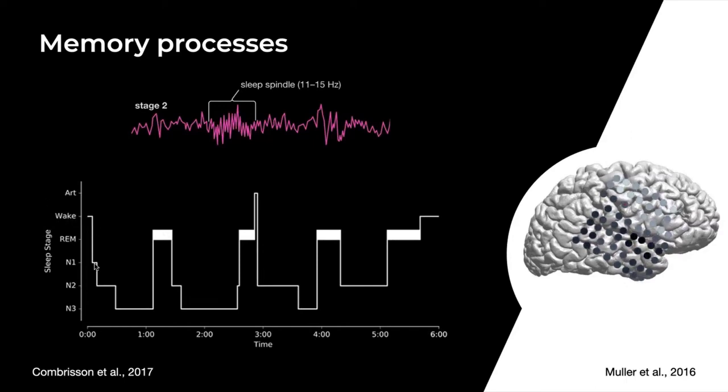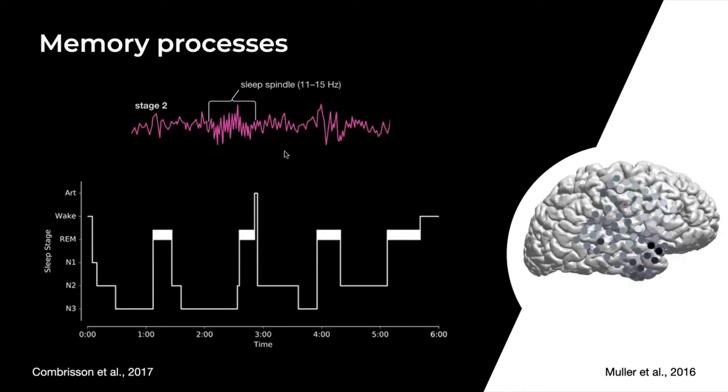Typically we go from wake to N1, which is a transitory state, a very brief episode usually, and then we progress towards non-REM stage 2 sleep, which is where spindles occur, and they in fact characterize this sleep stage. Then we progress to deep sleep in non-REM stage 3. At the end of each sleep cycle, we usually go through a phase of rapid eye movement sleep, and then we repeat this cycle.